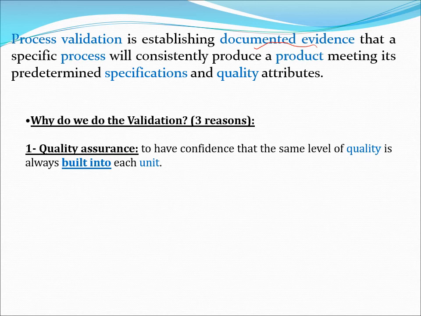Instead of taking samples from a batch of 1,000 tablets, taking only 10 tablets as a sample and measuring the hardness or friability, even if your sample is representative, you are not 100% sure that the remaining batch is okay, like the sample. So the idea of validation again is to make sure that the process is okay, so that every unit in your batch will be really qualified.